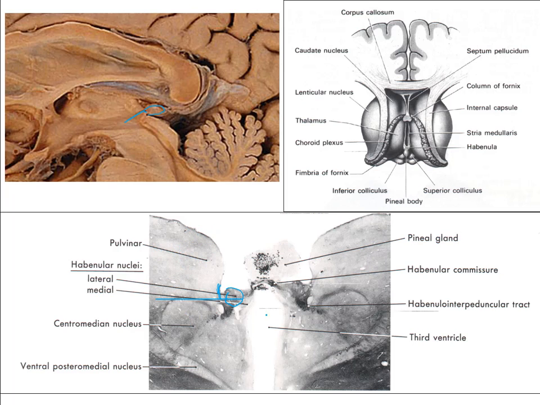Here we're coming down. This is going to be centre médian back here. We're coming in just into the very posterior. It's a slightly angled cut, because it's a horizontal cut, actually, because this is posterior and this is anterior. This is the third ventricle. This is coming towards the pineal recess. And on either side back there of the third, we've got the habenula and then the pineal gland behind it.